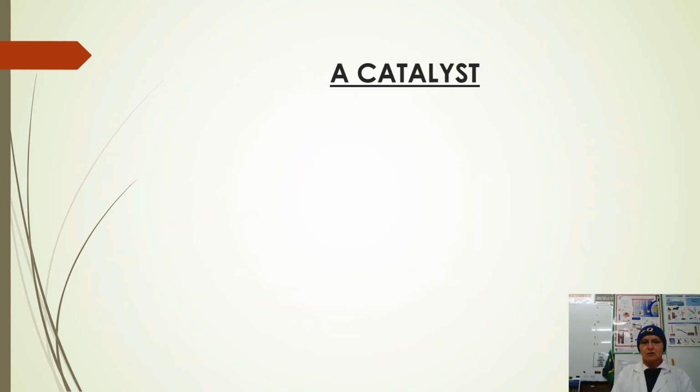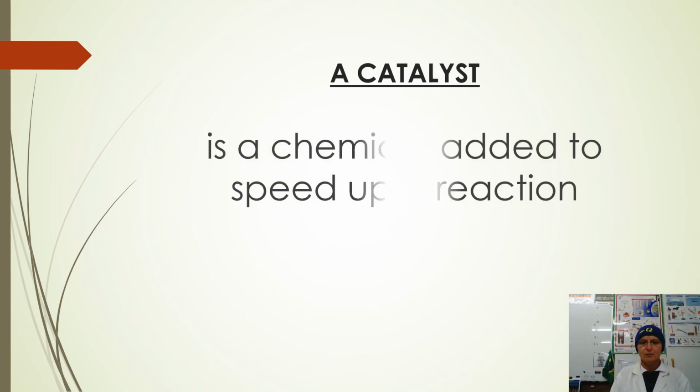Lastly, I want to discuss a catalyst. A catalyst is a chemical that you can add to a reaction mixture that will speed up the reaction. Now here, I wish I could demonstrate it, but hydrogen peroxide is an unstable liquid.